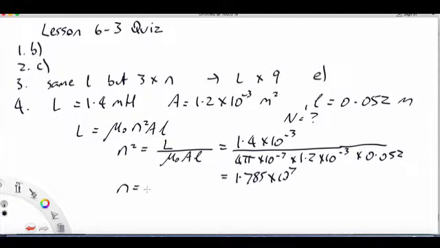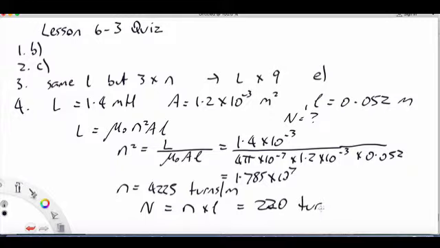So that means N, which is the square root of that, is 4225 turns per meter. And so the total number of turns, which is the number of turns per meter times the number of meters, is going to be 220 roughly turns.